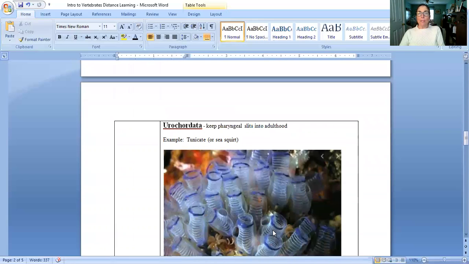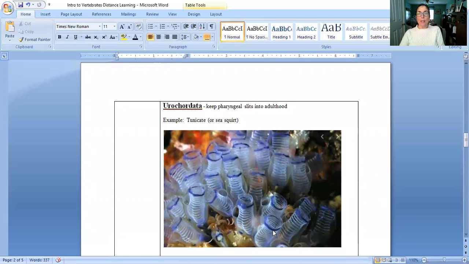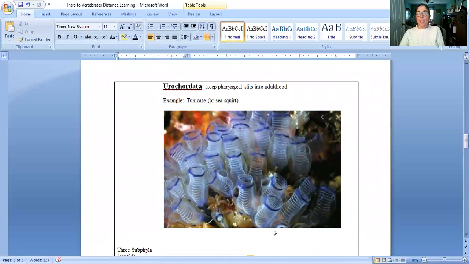Another subphylum is the subphylum Urochordata, and these are the little guys that keep their pharyngeal slits into adulthood. They don't keep their notochord, and they don't keep their dorsal nerve cord past their larval stage, but they do keep their pharyngeal slits. They're little sponge-like creatures in that they're filter feeders, and they pump water through their bodies and filter food out of it.